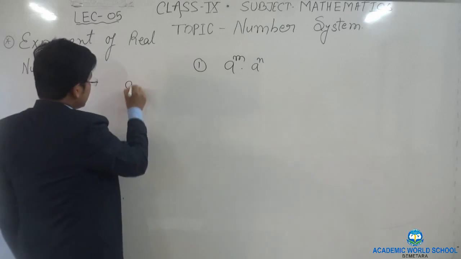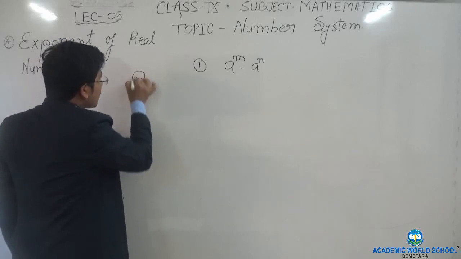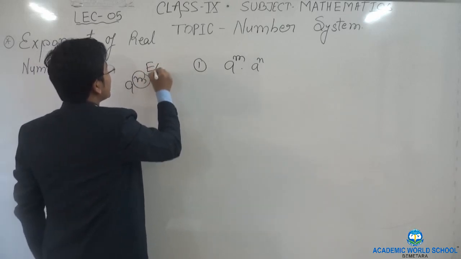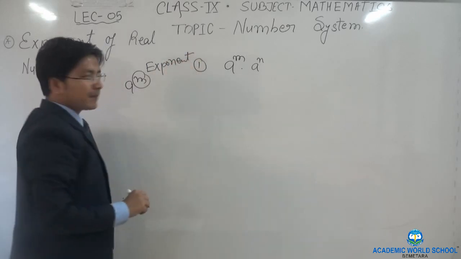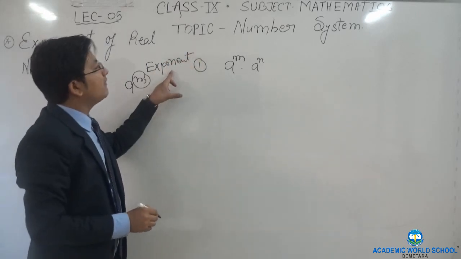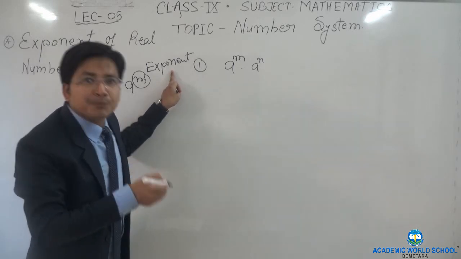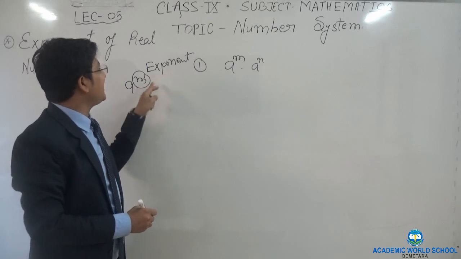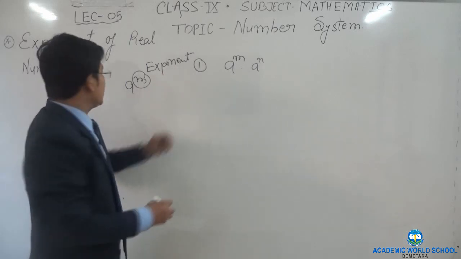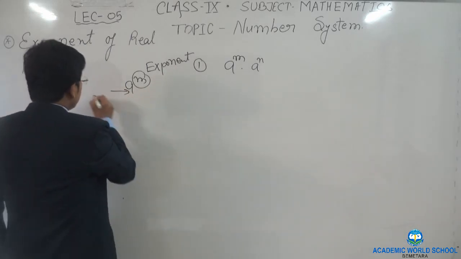This is a to the power m. This is known as exponent, or this is called power. You can say exponent, you can say power, you can say index, and this is known as base.